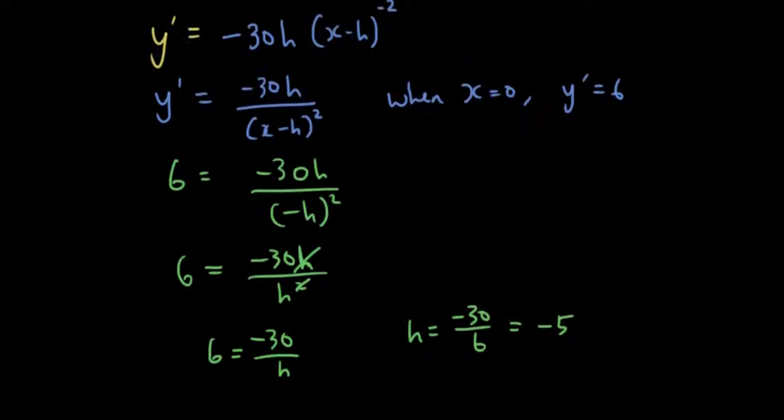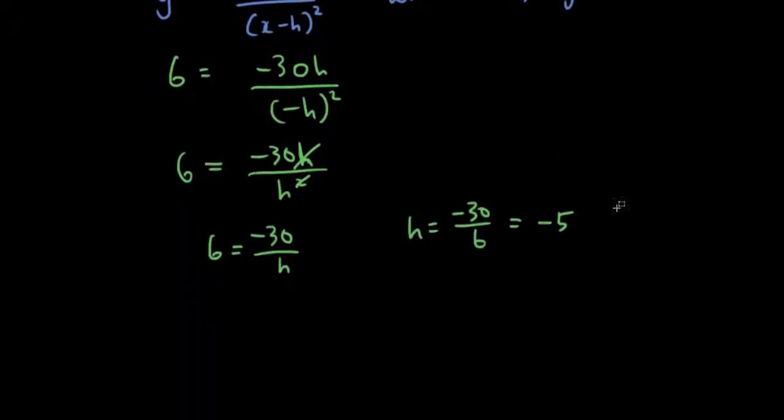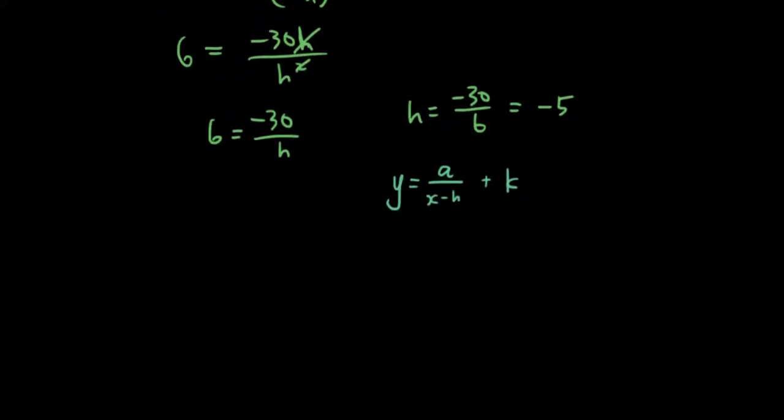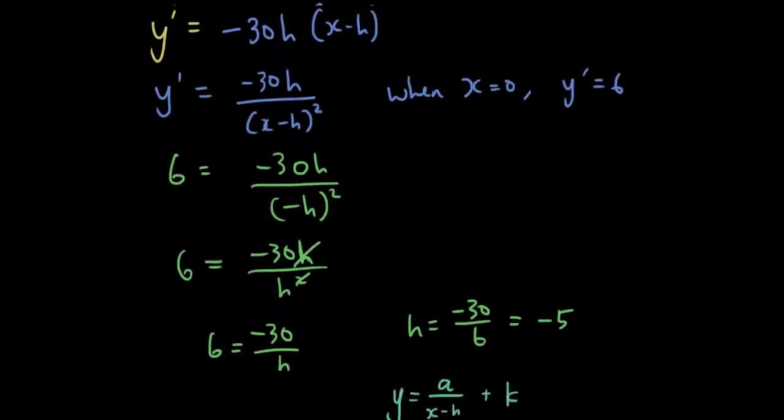Okay, so if I go back to the original equation, which is this one, let's put that over here, and we can now substitute everything we know. So y is equal to x plus 5 at the bottom. Now what does a equal? If you remember, a equals 30h, right?